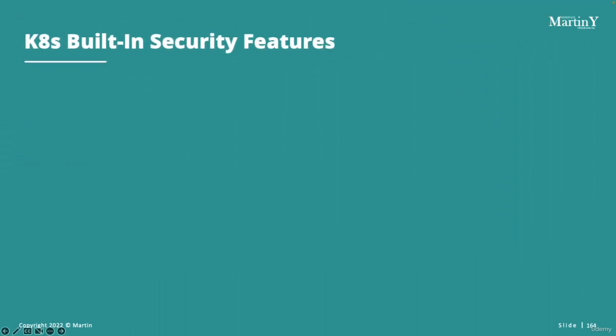So let's look at some of the specific security feature components that are built in Kubernetes. This is because Kubernetes already offers native security features to protect against some of the threats that I already described and mitigate the potential impact of those risks.